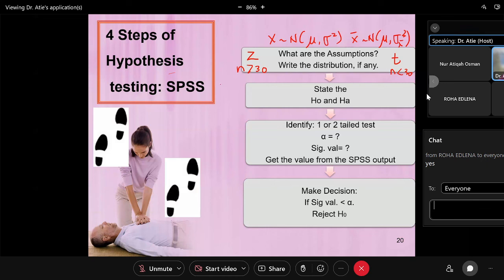The next one is to state the H0 and HA. Remember, H0 is mu equal to something. HA is mu not equal to, greater than, or less than something. So that is your H0 and HA. Then the second one, you need to identify a one- or two-tail test, which depends on the symbol used in HA.